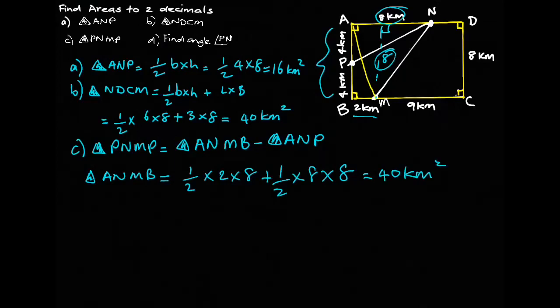So now we've got that, we can go ahead and find area PNMB, which is this area in here, and that equals the area we just found out, which is 40, minus that original area, ANP, which is 16. So the answer to that is 24 kilometres squared.